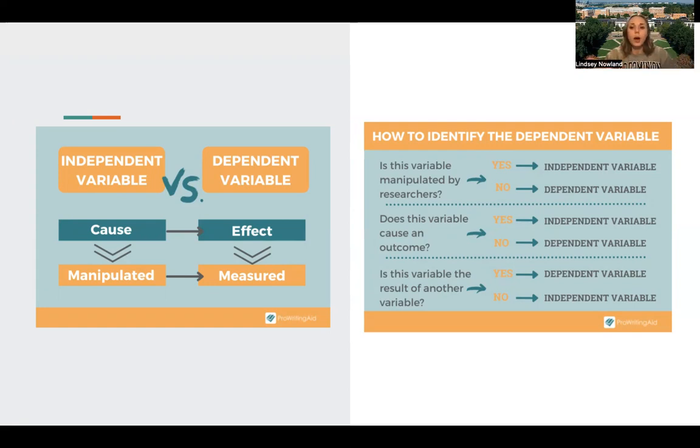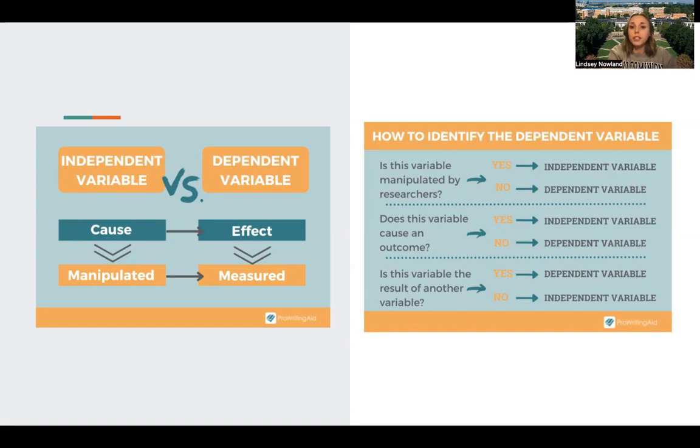An easy way to identify your variables is by asking yourself, is the variable manipulated by the researcher? Has the researcher changed the amount of time spent in this variable or the level of dosage a participant is receiving?